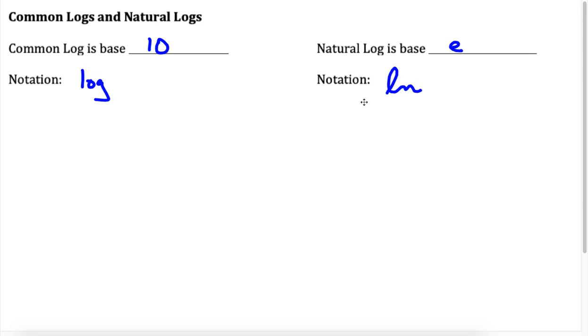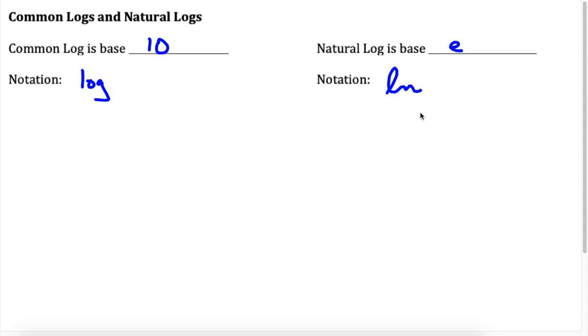And a lot of times you'll see it written in script or cursive. I believe they use the French log natural. That's why it's ln instead of nl, right? But ln stands for the natural log, and this is just log base e.